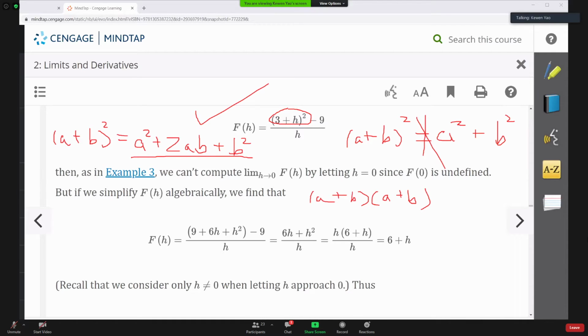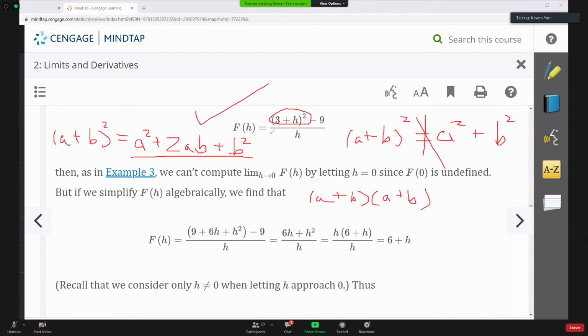You can always simplify. If you cannot simplify, then the problem becomes very complicated. But so far, we can do it using algebra. Easy, not hard at all.